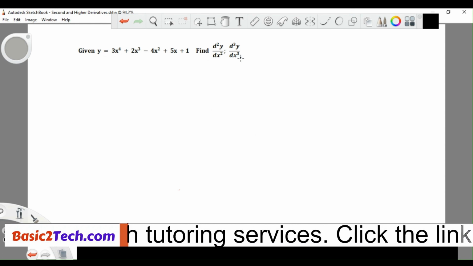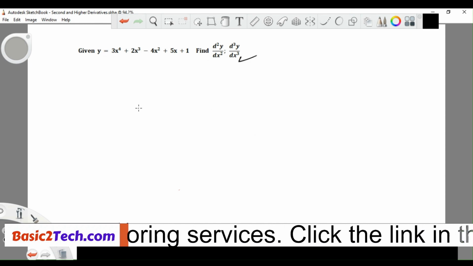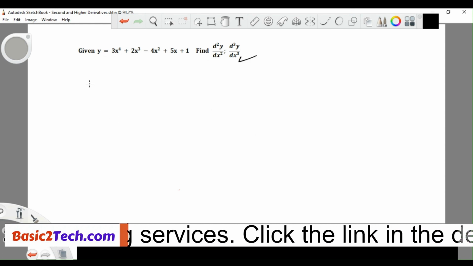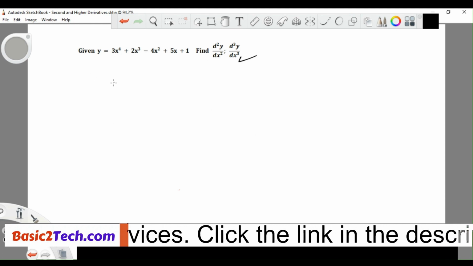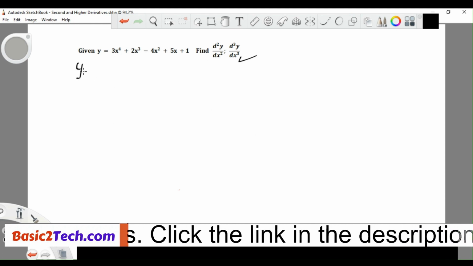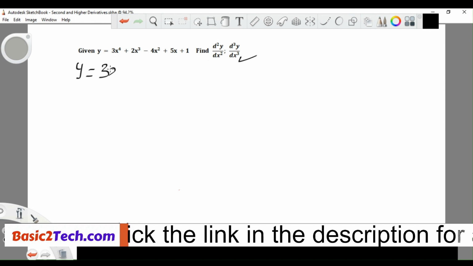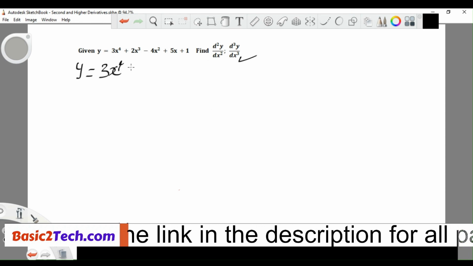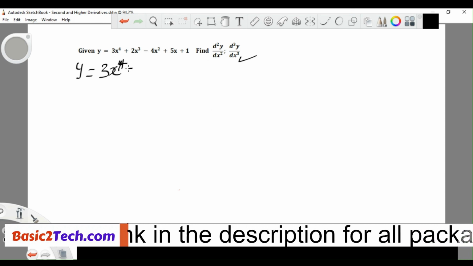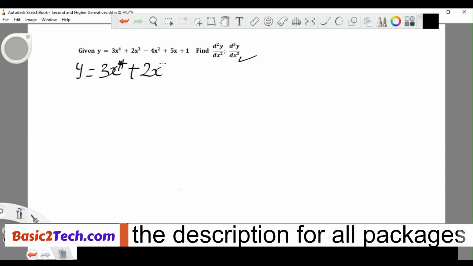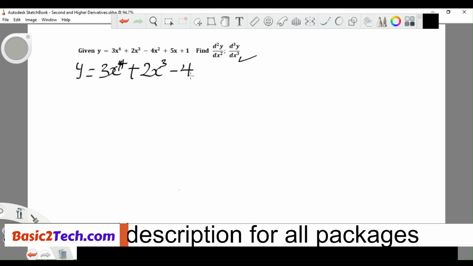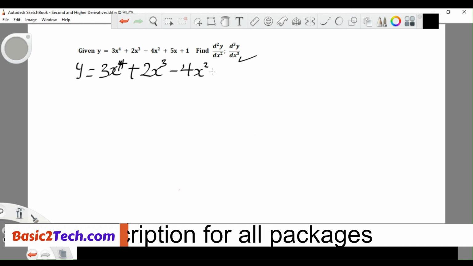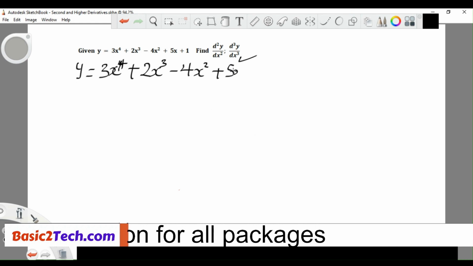So let's start with our differentiation. Remember, our given polynomial is y equals 3x to the power 4 plus 2x cubed minus 4x squared plus 5x plus 1.